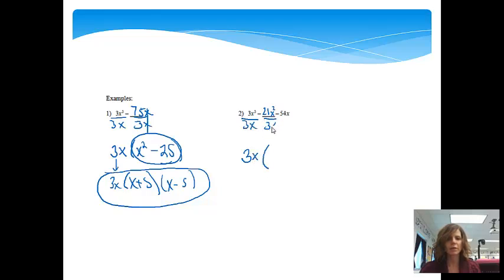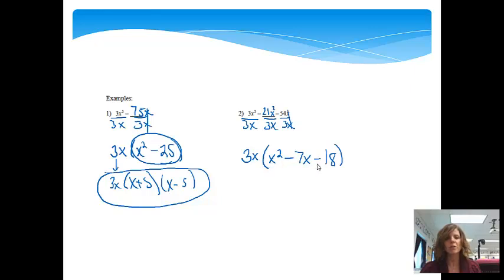And then we'll divide each of those three terms by the 3x. So when I do that, 3 divided by 3 is 1. X cubed divided by x, we're going to subtract our exponents and get x squared, and then minus 21 divided by 3 is 7, x squared over x is x, and then minus 54 divided by 3 is 18, and then the x's, since they're the same, go away.